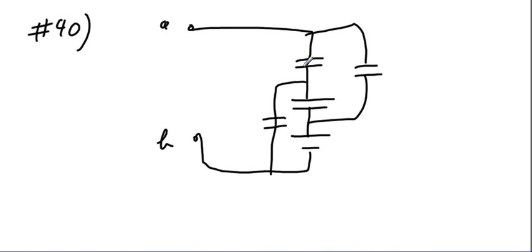Okay, now it's just a matter of, can we label them properly? C1, C2, C3, C4, C5. Okay, so I got some in parallel, some in series. All right, well, part A.